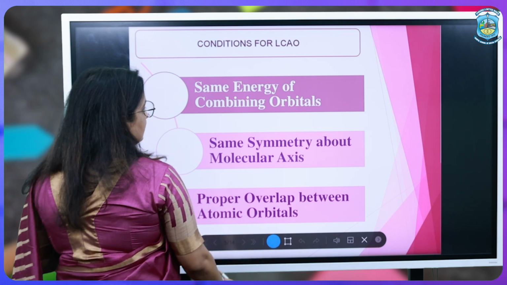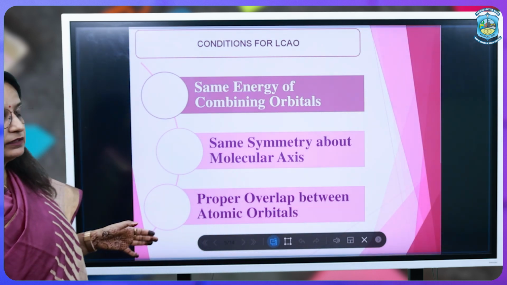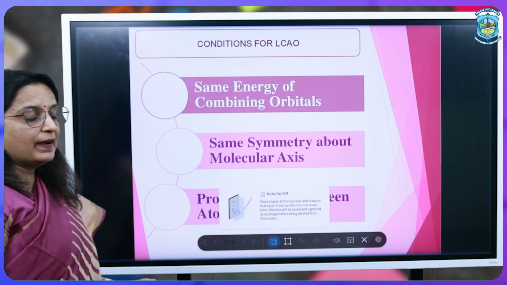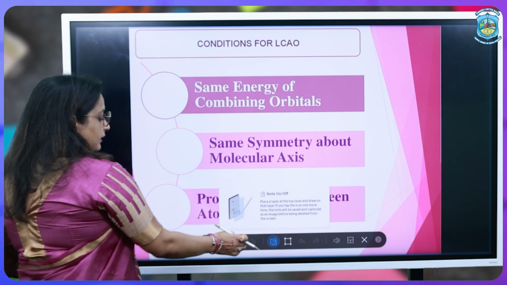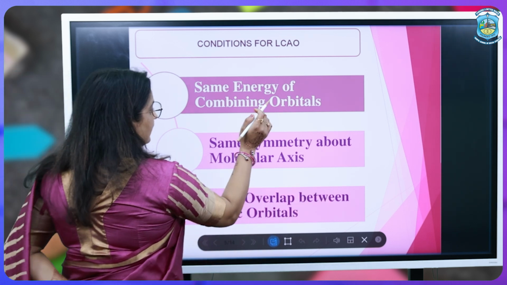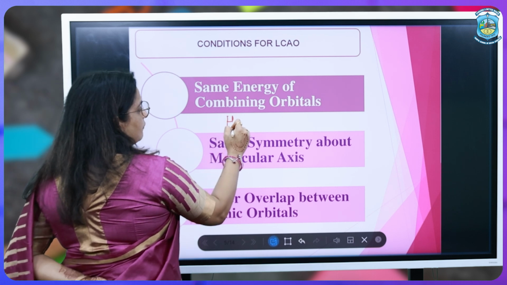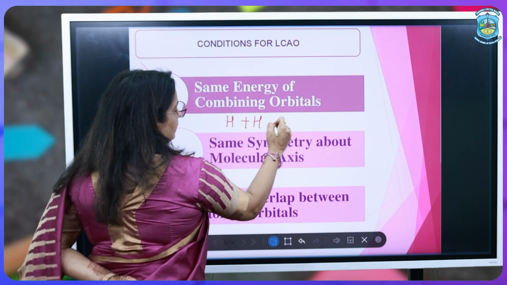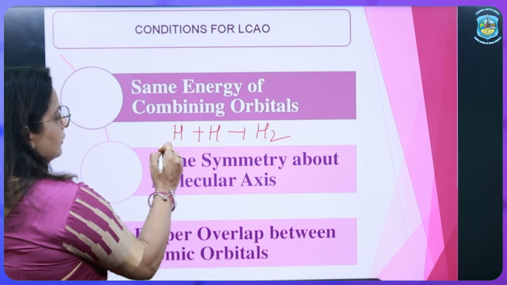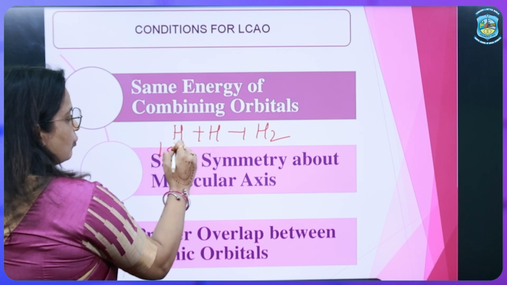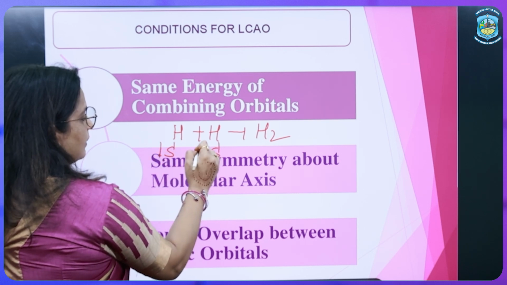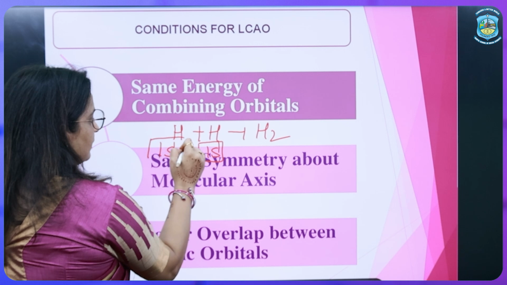First thing is the energy level: the orbitals which are combining should have the same energy level. For example, in case of hydrogen, you can see that it is having 1s1, and the other is having 1s1, so they are of the same energy.